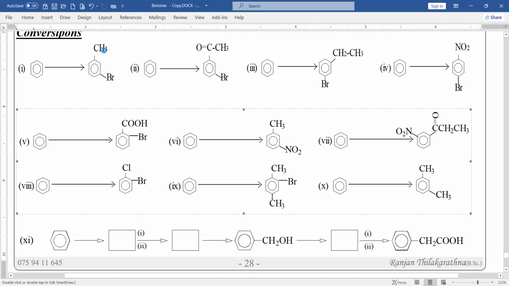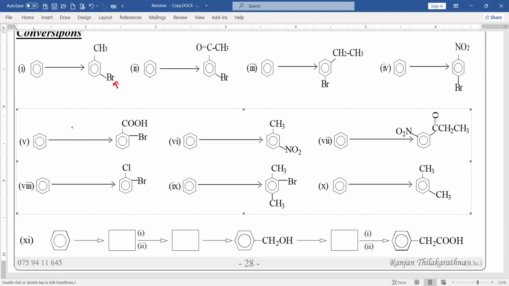First one. In the first case, the CH3 group and Br groups are considered. Those are meta to each other. Why? This is the ortho position, this is the meta position. If you get this as the first substituent, then again ortho and meta. That means meta to each other.